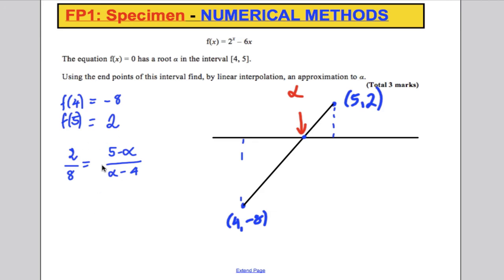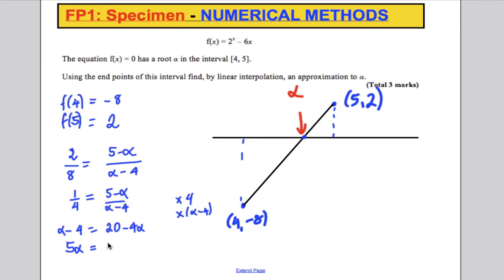And all we're going to do is solve this equation for alpha. Let's just simplify this before we go ahead. A quarter is 5 subtract alpha over alpha subtract 4. Now times both sides by 4 and by alpha minus 4. So I would get alpha subtract 4 is equal to 4 times this, which would be 20 subtract 4 alpha. Add 4 alpha to both sides and add 4.